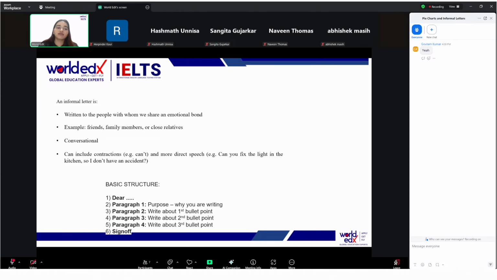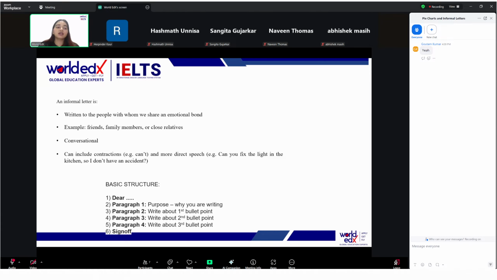We address them to our family, our friends, our close relatives. And this is basically a conversational style letter. That means you would either talk about something from the past, or you're going to apologize for something that happened in the past. So basically there should be room for connectivity in the informal letter. It should not feel very straight to the point. Okay.